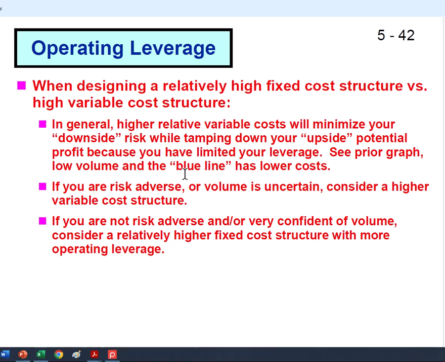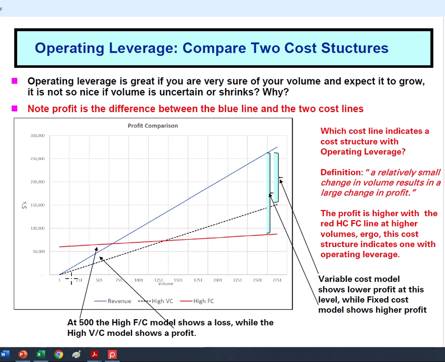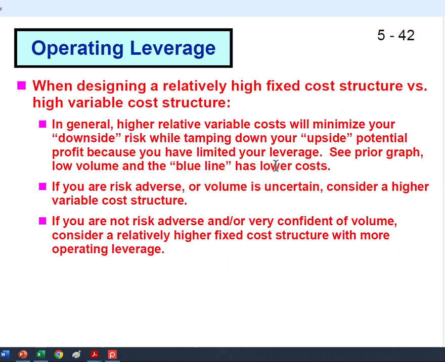So this is the takeaway, and you're going to be tested on it. In general, higher relative variable costs will minimize your downside risk, right, while tamping down your upside potential, and you clearly see that in the graph. You really can't lose any money because everything's variable costs, but you've tamped down your ability to make a lot of money.